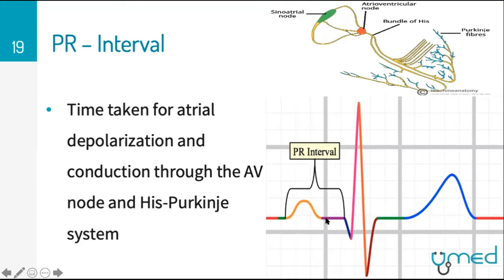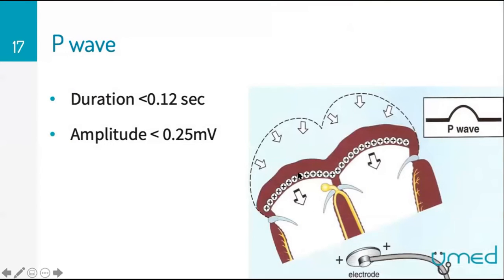This isoelectrical line that you see, this purple area, this is actually showing conduction of the electrical impulse from the atria, right? So here we have the atria. Electrical impulse moves from the atria to this little bulb area, which is called the AV node. Moves from the AV node, goes to a bundle of His, and all that jazz.